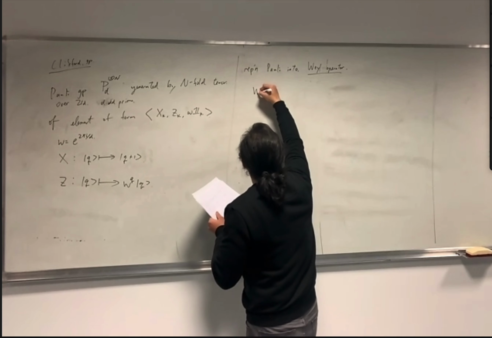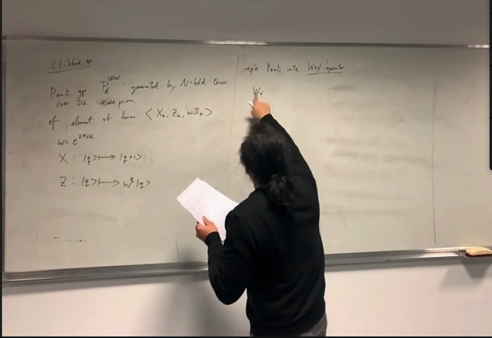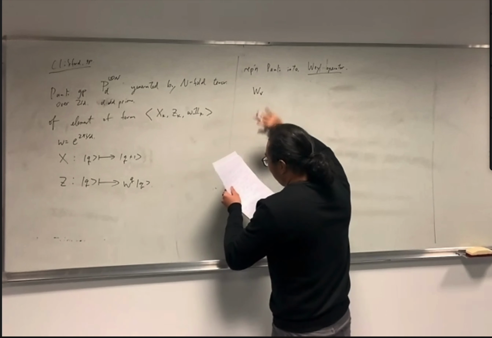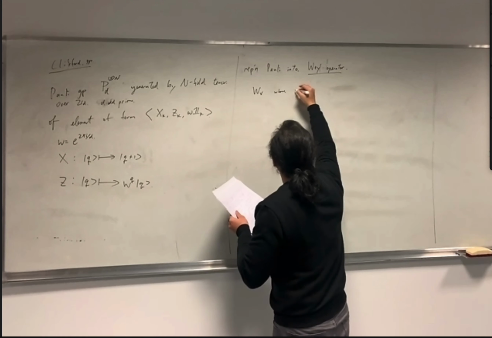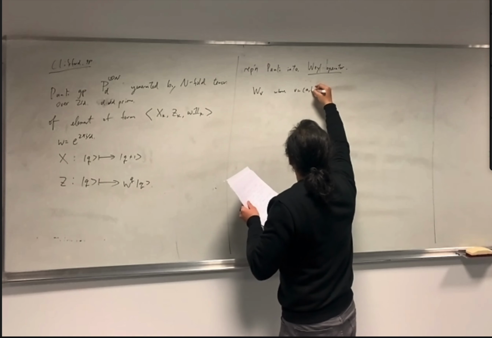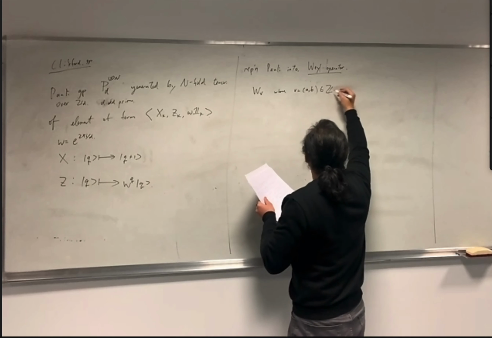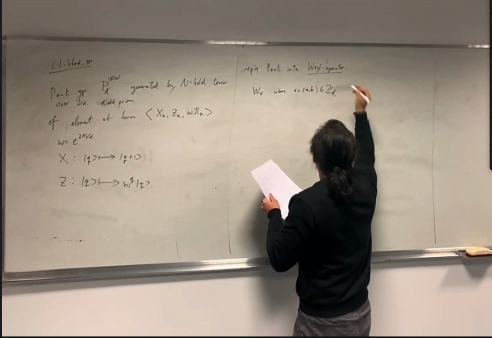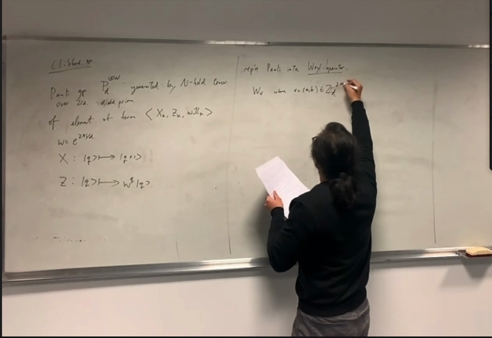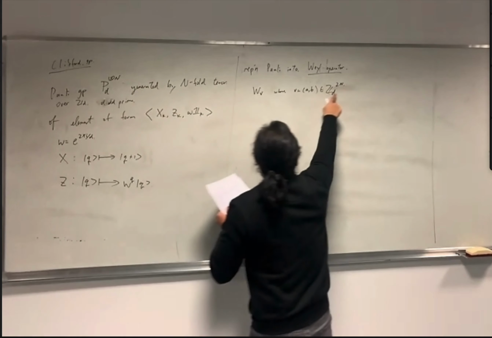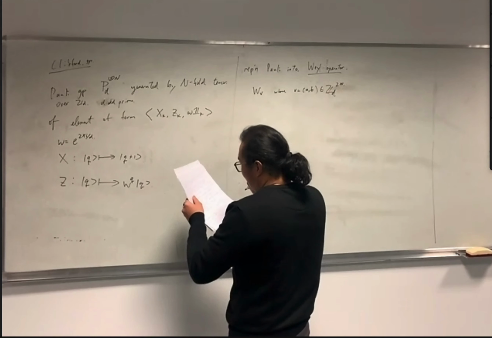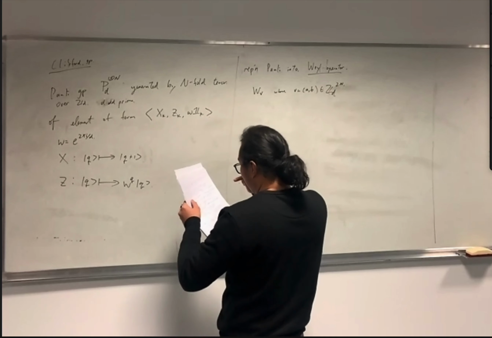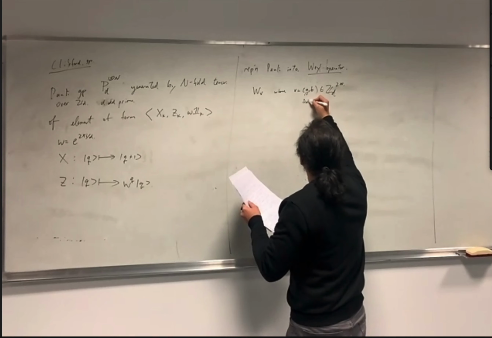So we denote by a capital W with some subscript v, where v = (a, b) is inside set D to the 2n. I mean, in this case, 2n, so each of a and b is in set D to the n.